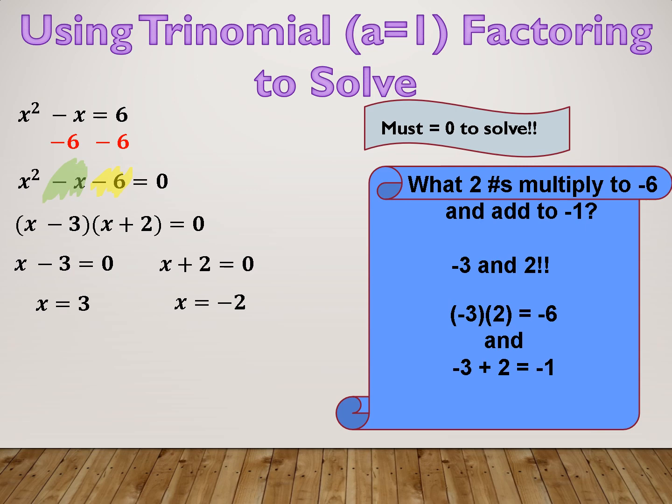So 3 squared is 9, 9 minus 3 is 6, woohoo! Negative 2 squared is 4, 4 minus the negative 2 is plus a positive 2, and that equals 6. So I know I've got the right answers. So I write it in solution set notation. X equals negative 2 and 3.